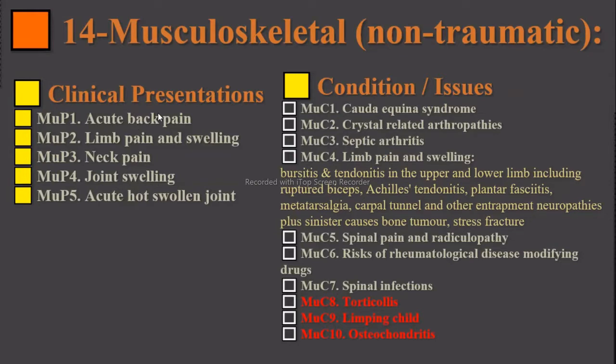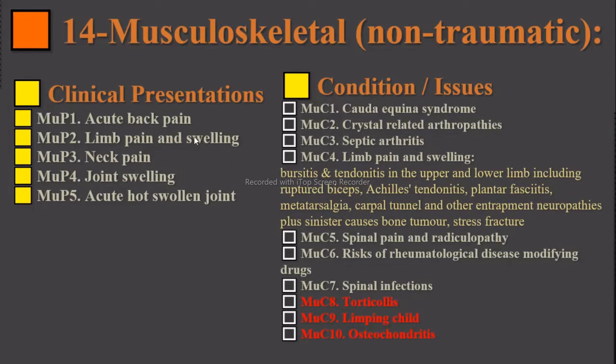Clinical presentation: acute back pain, limb pain and swelling, neck pain, joint swelling, acute hot swollen joint, and conditions related to this presentation, like Cauda Equina syndrome. The most important for you is to understand whether acute back pain is related to Cauda Equina syndrome or not, crystal-related arthropathies, septic arthritis.